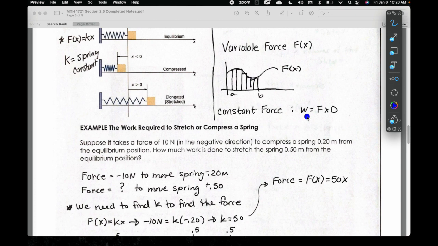Then when we're talking about the metric system, force is measured in newtons, and the distance will typically be measured in meters. So when we multiply that together, the unit for work is a newton meter. And a newton meter can also be written as a joule.